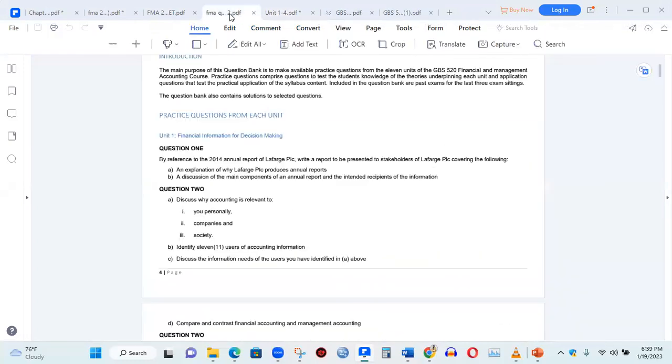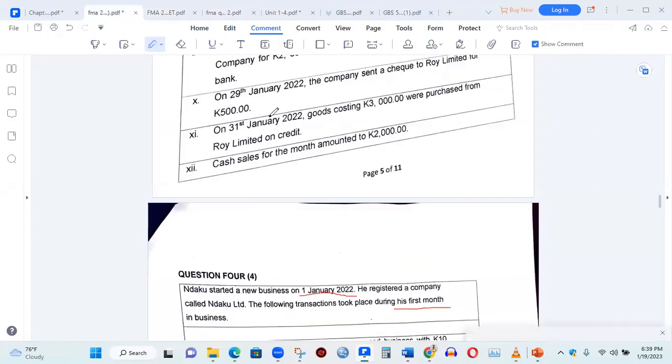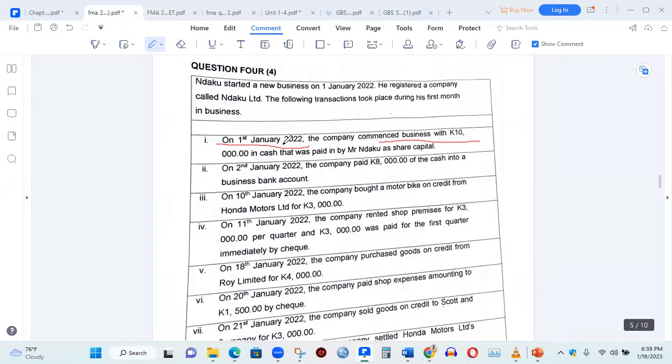Let's go back to the question again. On 1st January 2022, the company commenced business with 10,000 in cash that was paid in by Mr. Ndaku as share capital. So the cash was receiving, the capital was giving away.